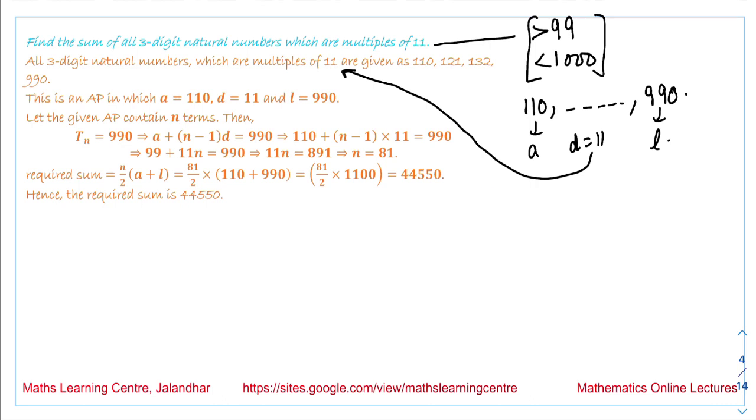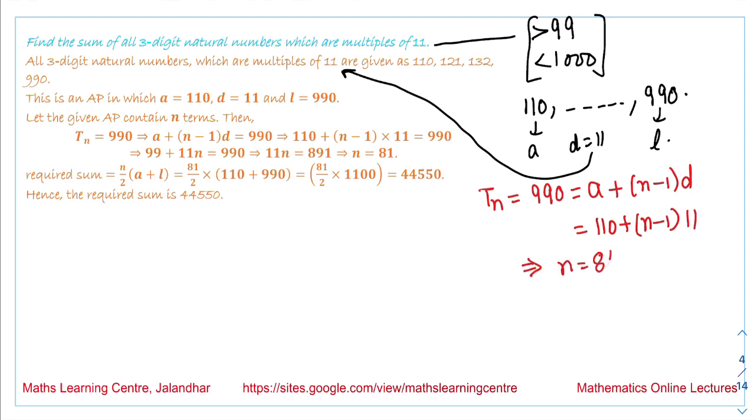First of all, we calculate the value of n. Tn is equal to 990, which is equal to a plus (n minus 1)d. So it is 110 plus (n minus 1) into 11, and on solving this you will get n is 81.